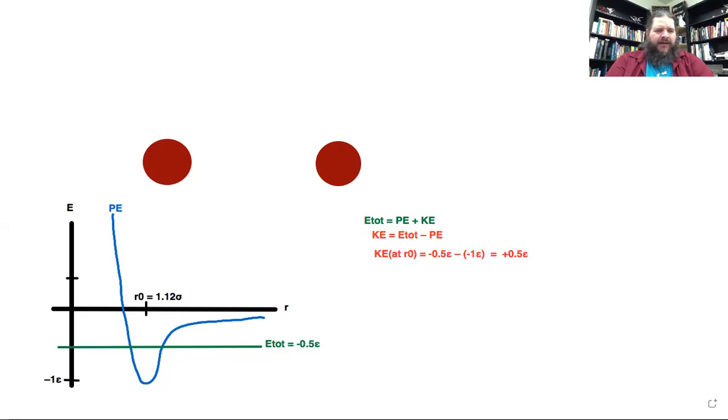So let me put that on the graph. You know that at R naught, the kinetic energy is +0.5 epsilon. So that's one point on the graph. Also, is there any location where we know that the kinetic energy is 0? Because we know it's never going to be negative. Can we establish a boundary by figuring out where it hits 0?